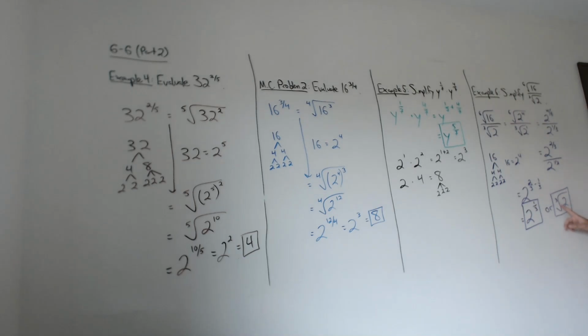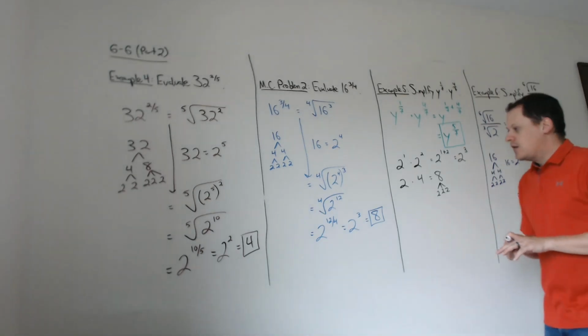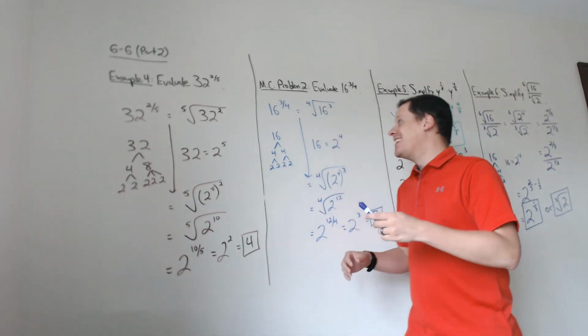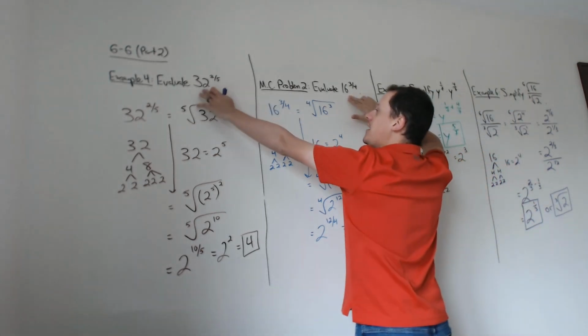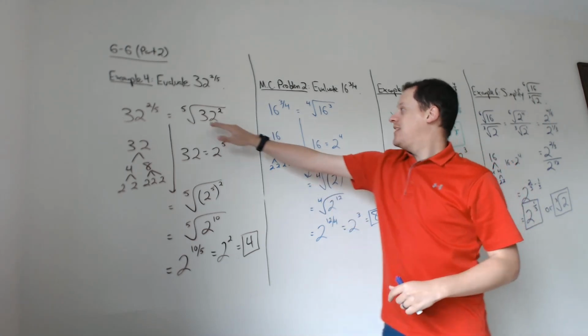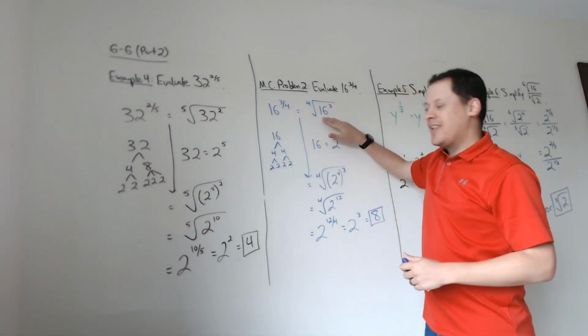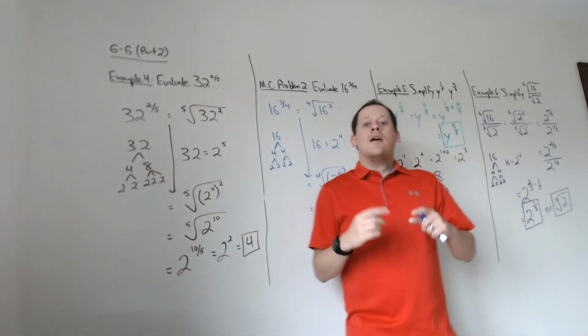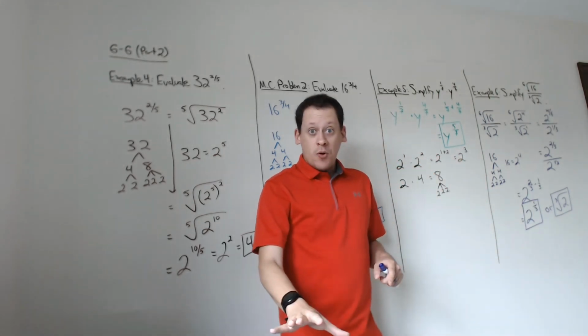That would be the cube root of 2, and this exponent here would be a 1, but you don't have to write that. Okay? So, what you've learned from these examples, if you want to evaluate a number to a fractional power, a good first step, write it in radical form. Then you can break down the base and go from there. We also learned a couple rules about exponents.